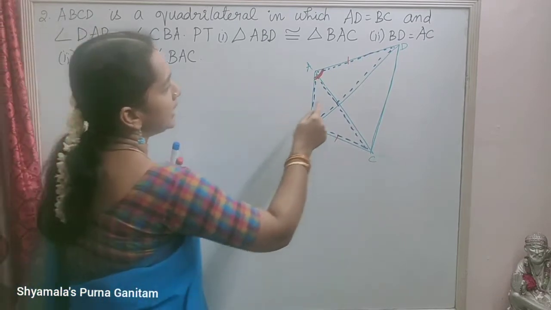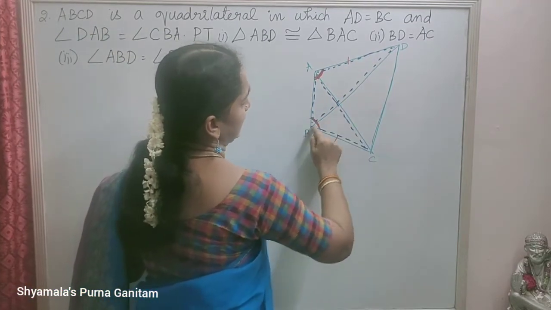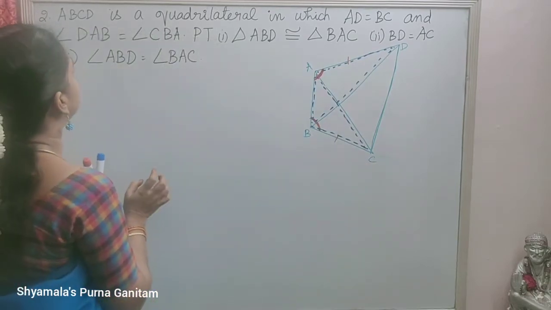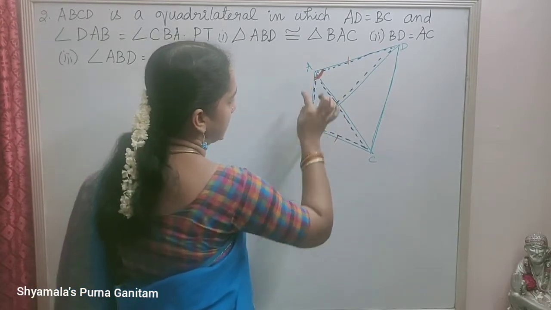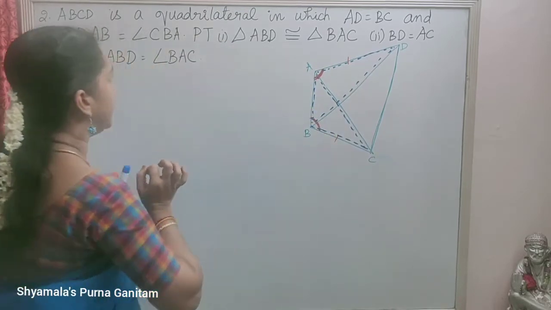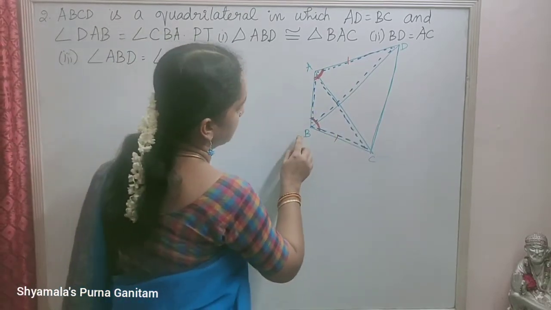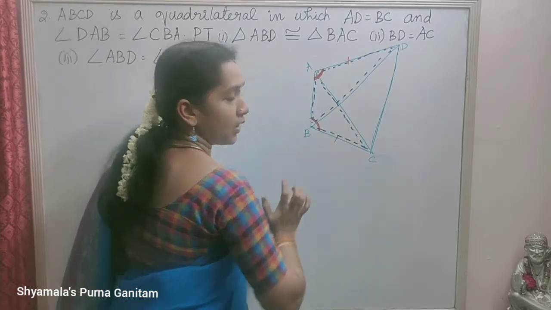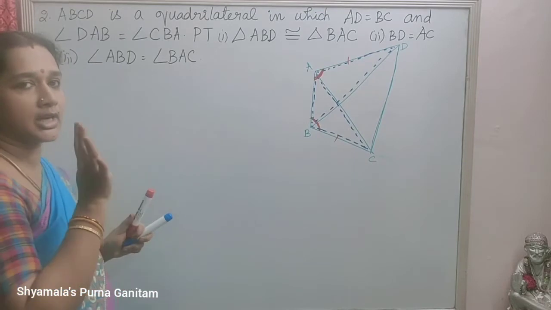Then BD is equal to AC, and angle ABD, this small angle ABD, is equal to angle BAC. So BAC is this one. These two angles you are asked to prove.